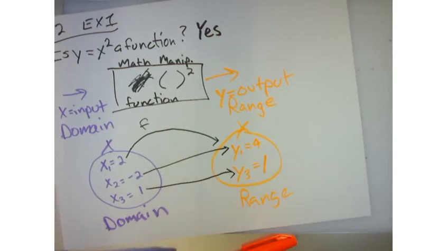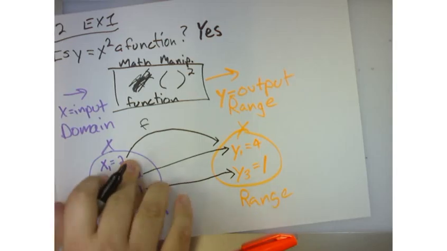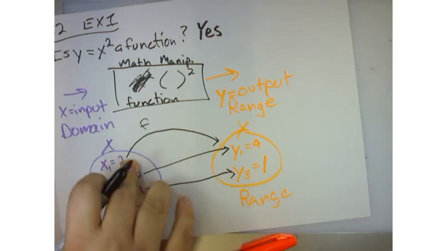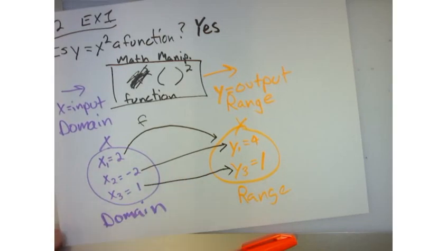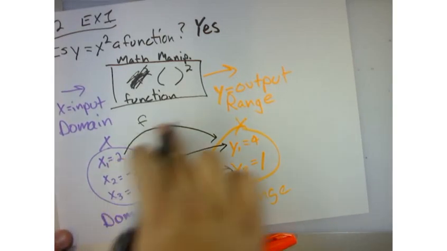Okay? So this is an example of a function because how many arrows are leaving the x's? Well, there's one unique mapping from this x value. Does that make sense? From this x value, I only draw or map one time to the range.